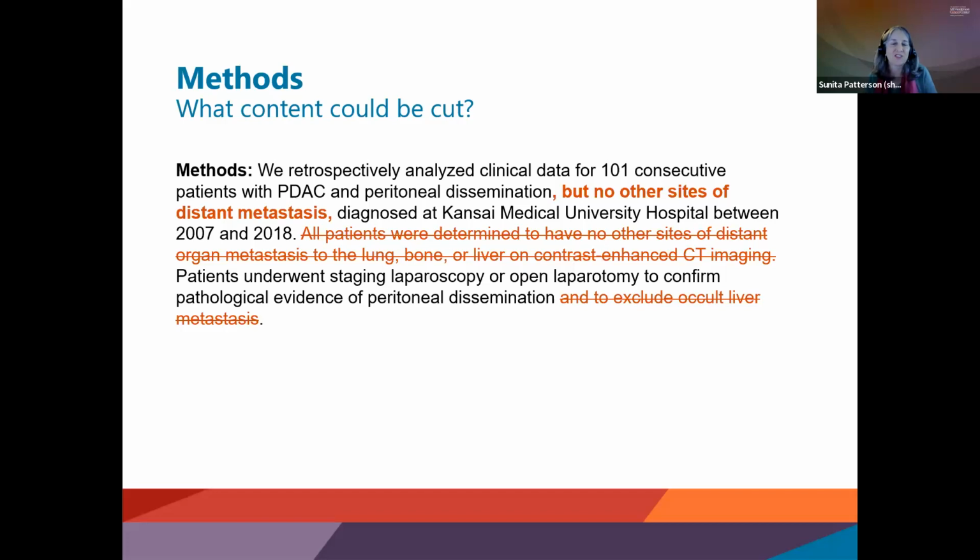Our solution was to combine all of that information about metastasis into a single phrase, so that we state that the patients had peritoneal dissemination, but no other sites of distant metastasis. And then we could cut that second sentence and that phrase about liver metastasis, and the information about how it was determined could perhaps go in the main article, but we decided we didn't need to know about the contrast-enhanced CT imaging.